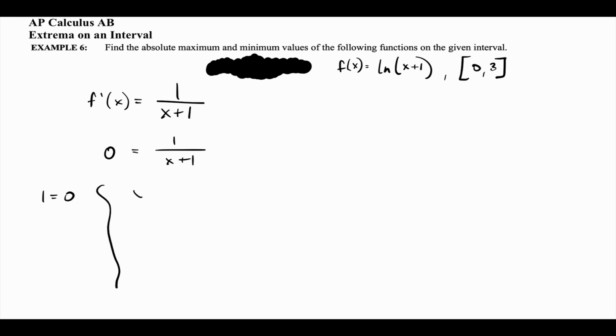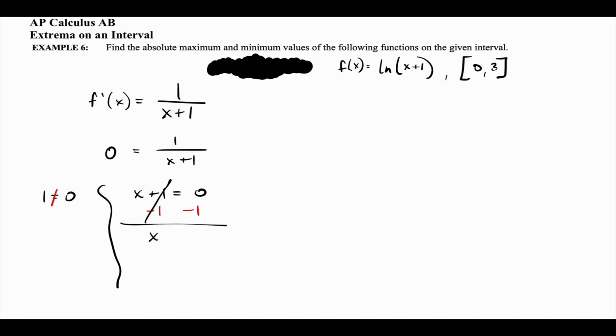And the bottom equal to 0, and solve for x. 1 does not equal 0. In no way will 1 ever become 0. So I'm not going to get an answer from the top. That's okay. The bottom will, though. Subtract 1 from both sides. So I get 1 critical value.